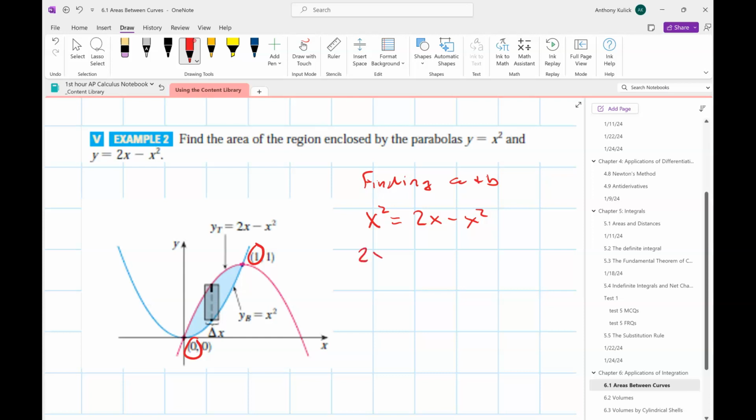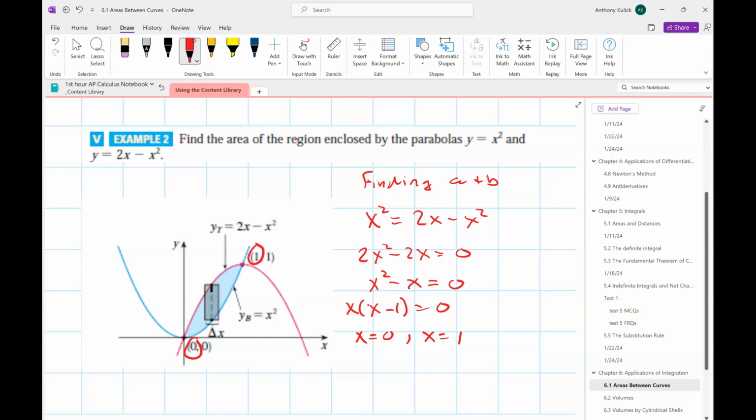So we'll add the x squared to both sides and subtract 2x from both sides to make it equal to 0. Can divide both sides by 2. And then to solve this, maybe we just factor, and we get 0 and 1. As we'd hoped, right? Not too bad.